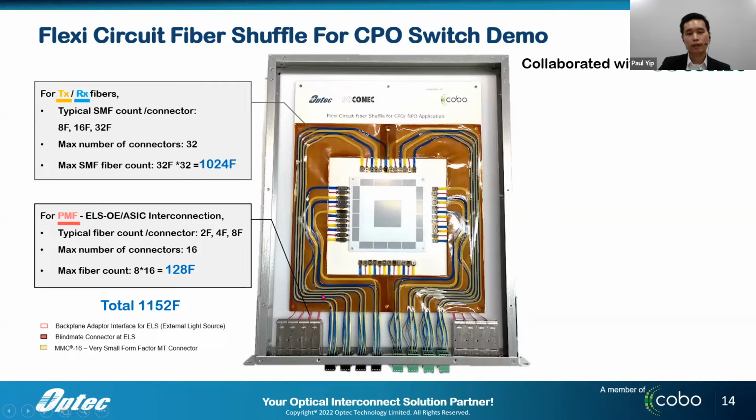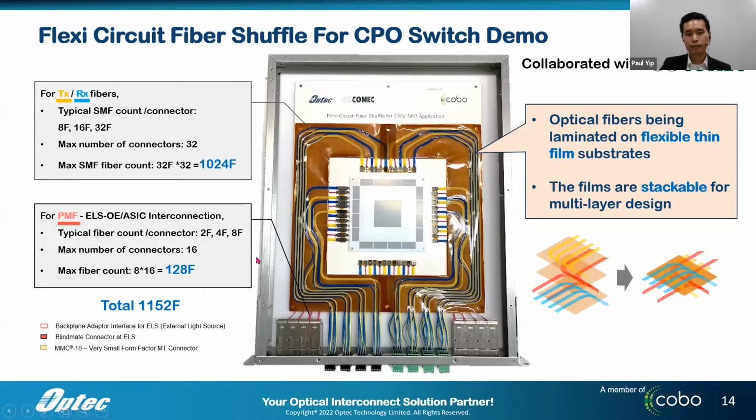So in this shuffle, it's showing 1,152 fibers in total. And of course, this is schematic. So we put everything on 5 layers in total, and we chain all this up. The fiber mapping is already built in. So we can see these connectors are connected to different nodes here.